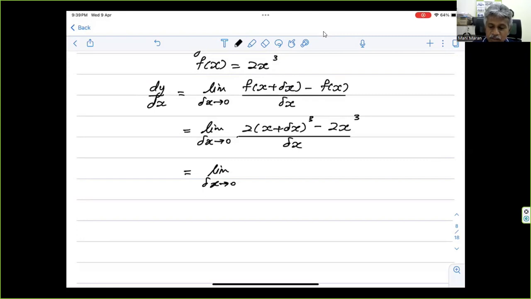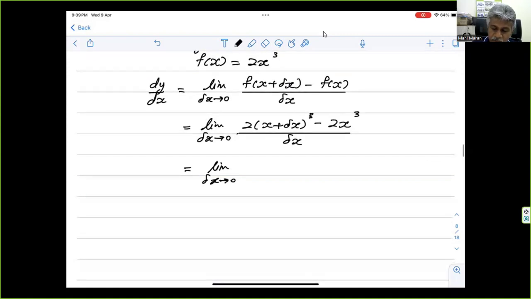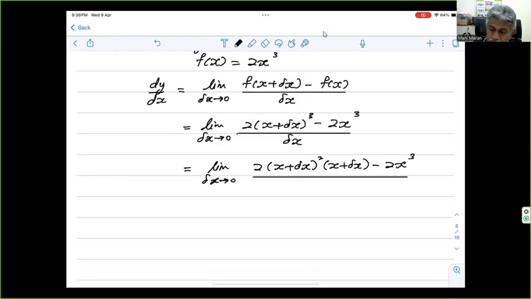So I'm going to write out step by step first. So you can write from here 2 times (x plus delta x) squared, and then you've got (x plus delta x), and then minus 2x cubed, the whole thing divided by delta x.